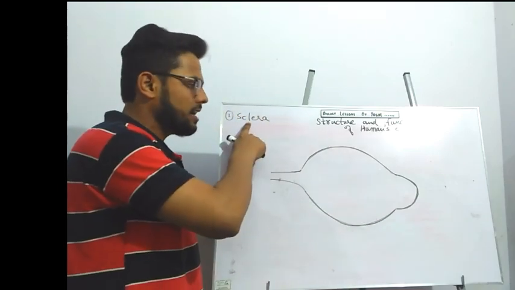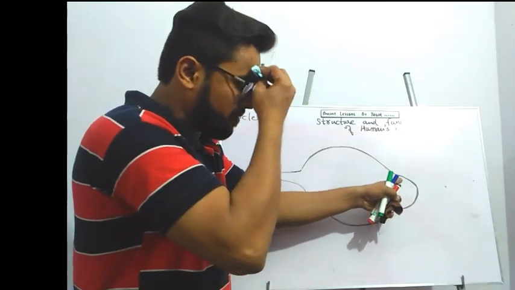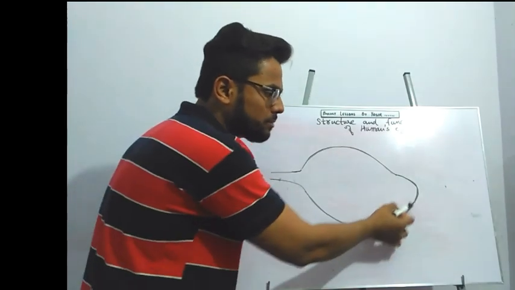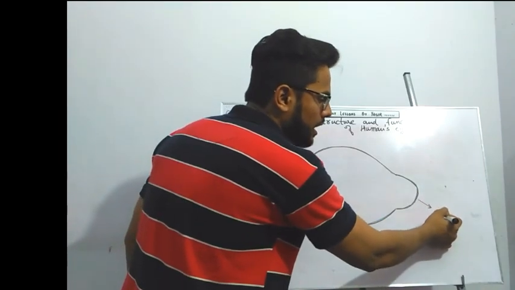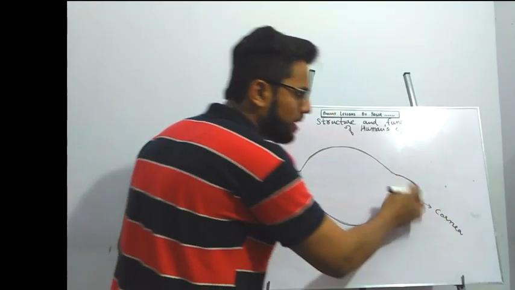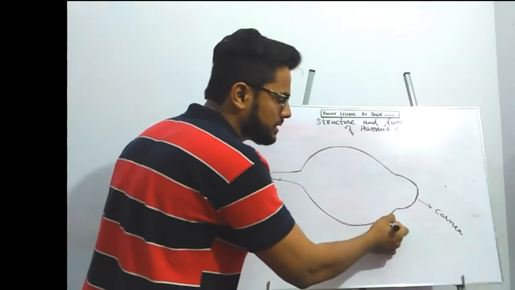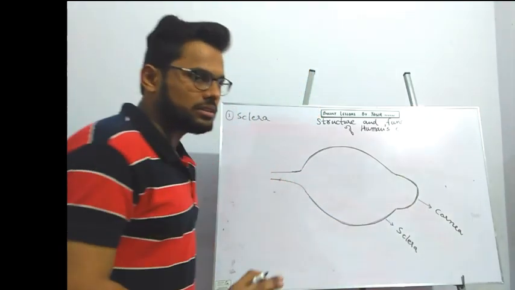This is called the sclera, and when this sclera moves forward, it converts into a thin transparent layer. This is called the cornea. The cornea is a thin transparent layer which is a derivative of the sclera. So in the front part it is called the cornea.